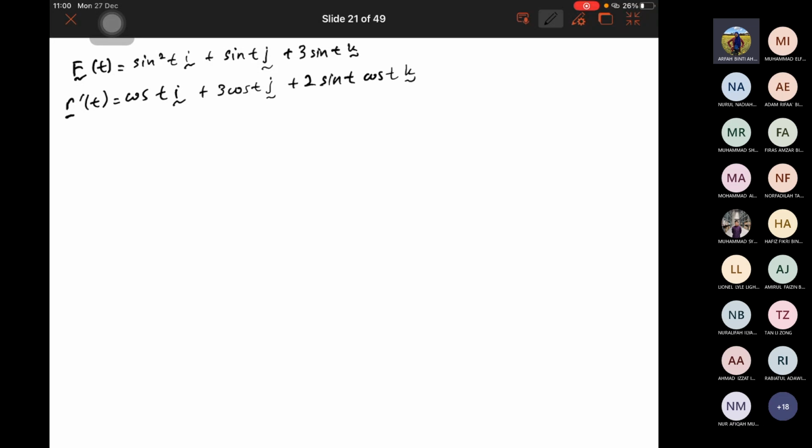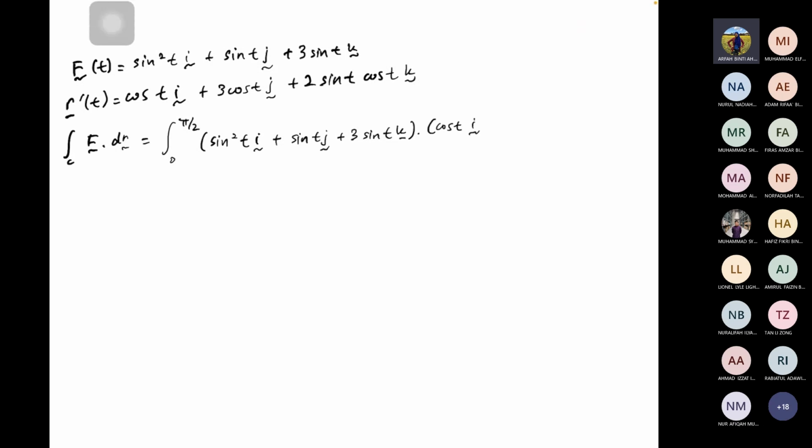Okay. So integration over the curve C, F dr equal to integration t daripada 0 sampai pi per 2, sin squared t i plus sin t j plus 3 sin t k, having the dot product with cos t i plus 3 cos t j plus 2 sin t cos t k.